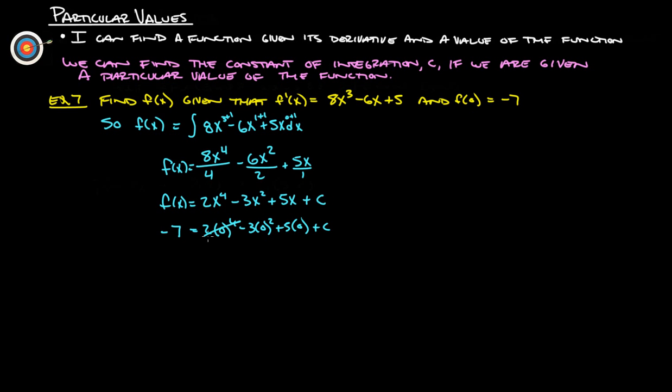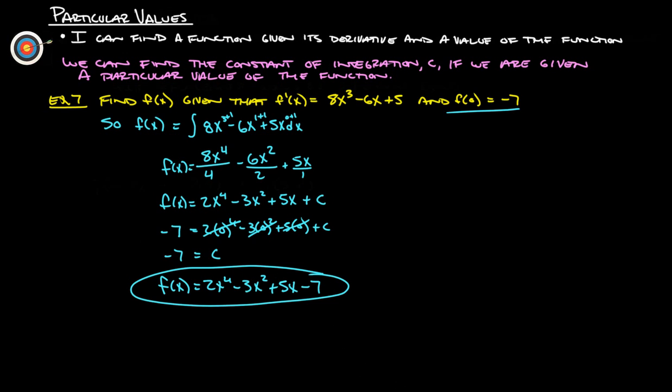All these terms turn into 0, so that tells us our c has to equal negative 7. So we can be more accurate and say that f of x equals 2x to the fourth minus 3x squared plus 5x minus 7.